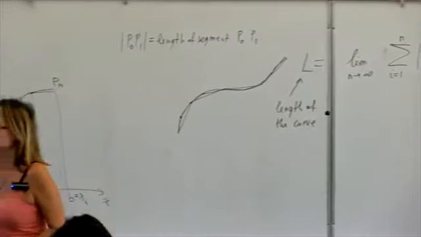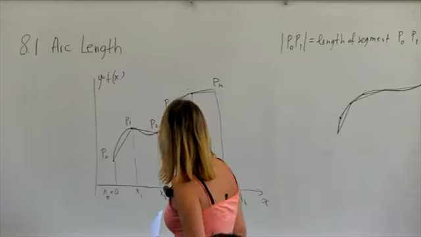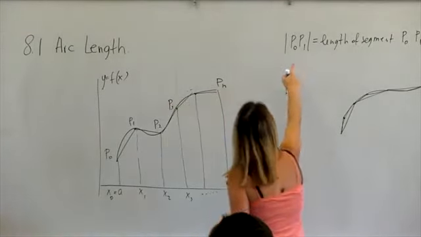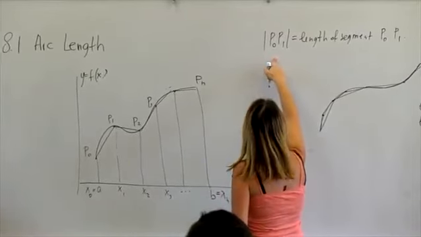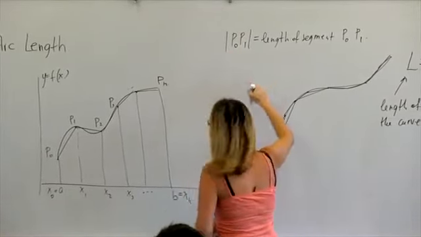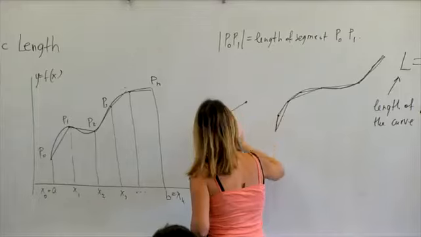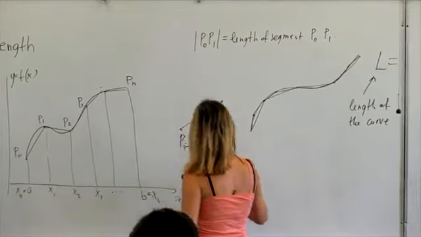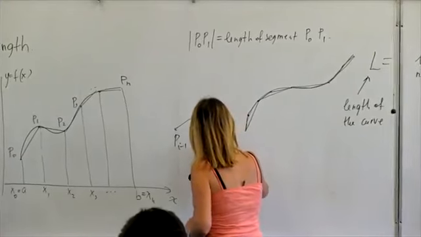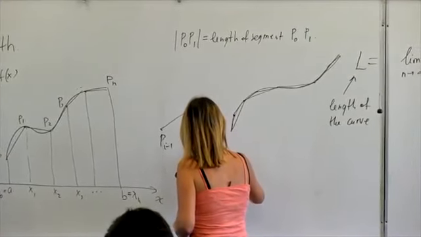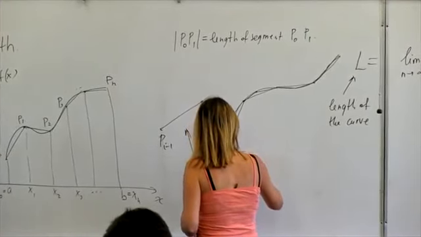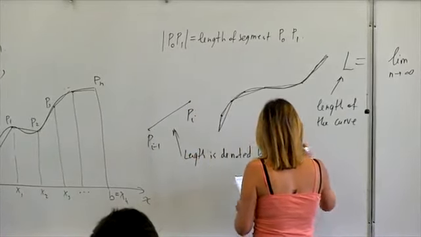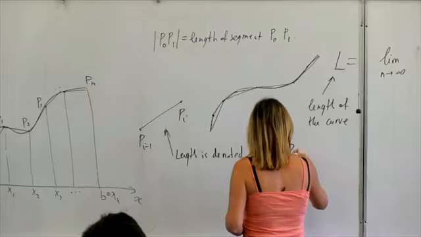Question? Yes. So is that p sub naught times p sub 1? This is not times. This explains the notation. If I have a segment between points P_{i-1} and P_i, the length is denoted by |P_{i-1}P_i|.